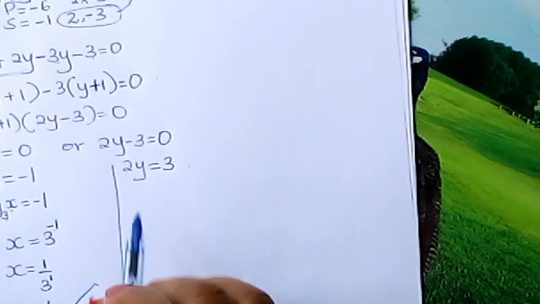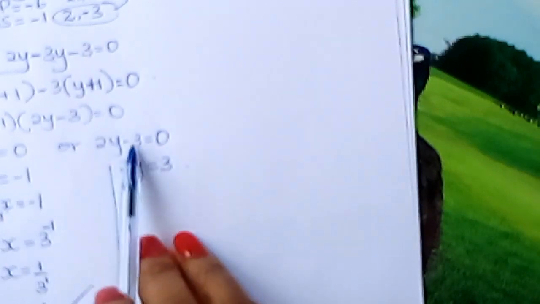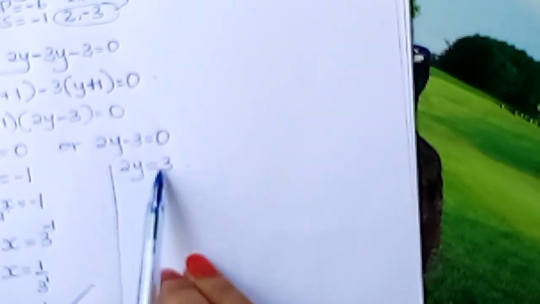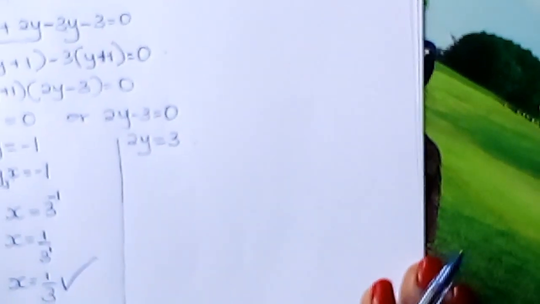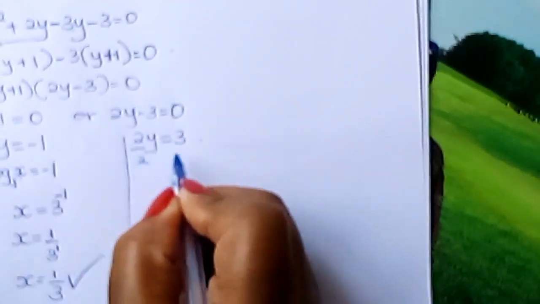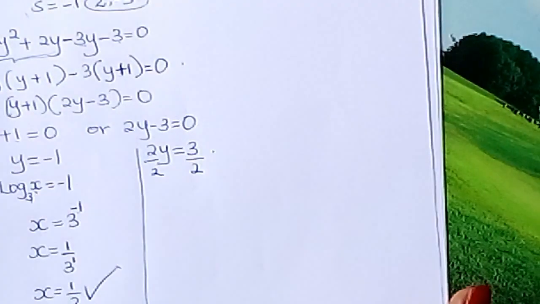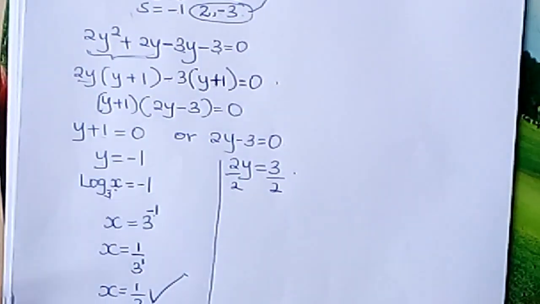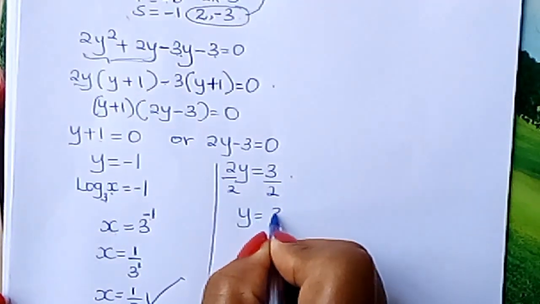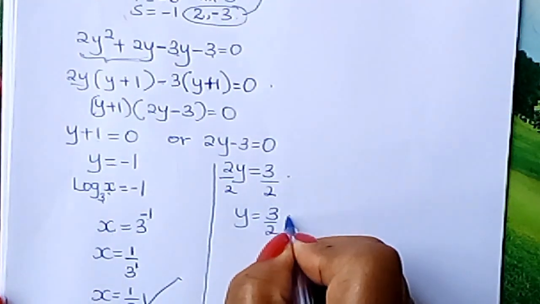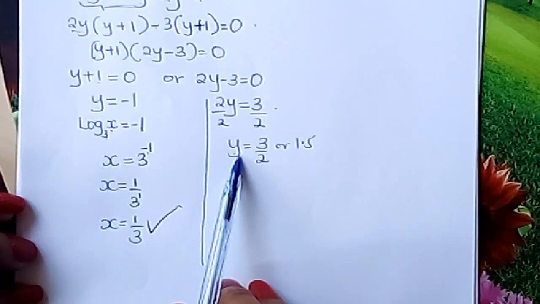We go to the other part here. We have said 2y minus 3 is equal to 0, 2y is equal to 3, so what is y? Divide by 2, learner. So y is equal to 3 over 2, which is the same as 1.5.